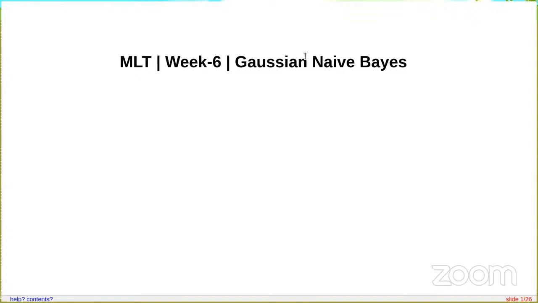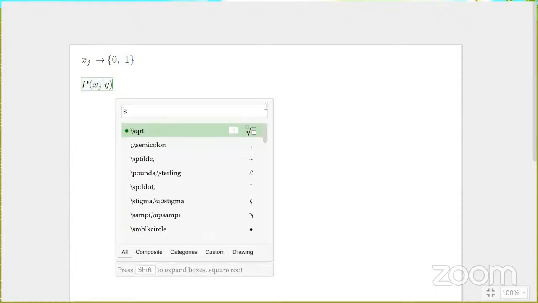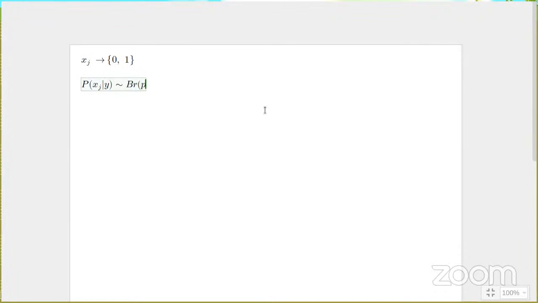Should the label be binary or the feature be binary? The feature is binary, as the question states. So if you have m features, and xj can take values 0, 1, then you will model p of xj given y as Bernoulli of pj.